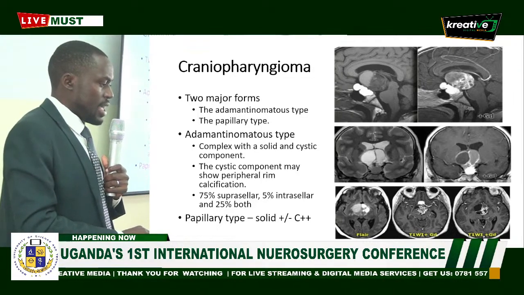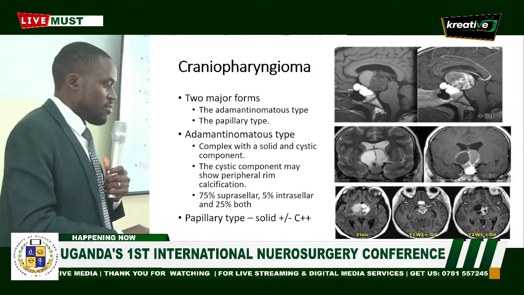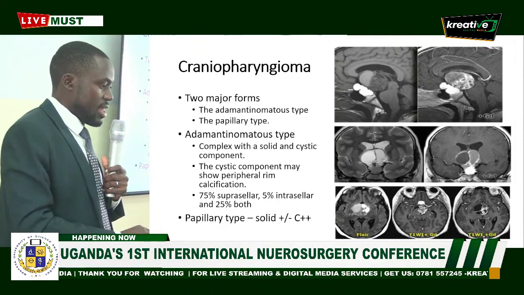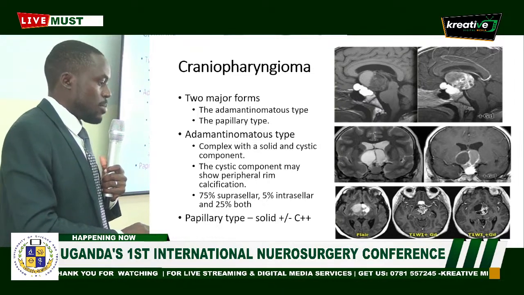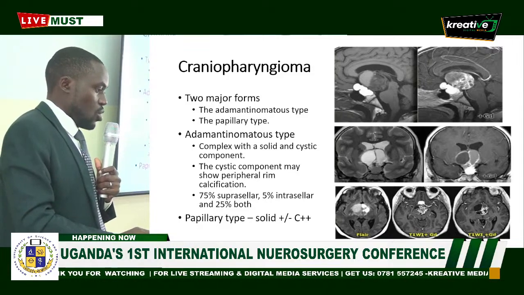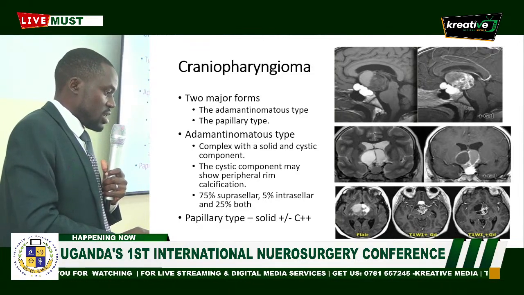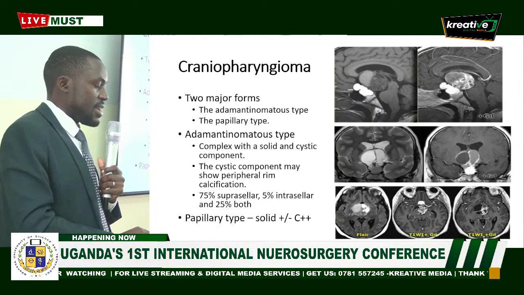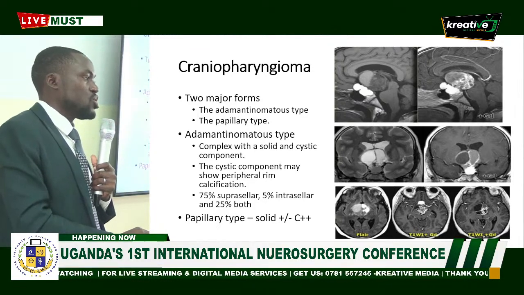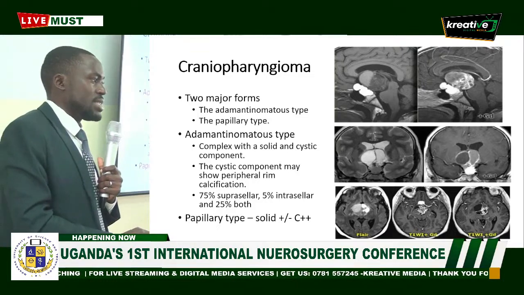Now, we have more images. This is coronal T2, and then you also have coronal T1 post-contrast. And I want you to appreciate the difference. You have this lesion here, which has one part that is really hyperintense on T2, which will tell you it's mainly fluid.